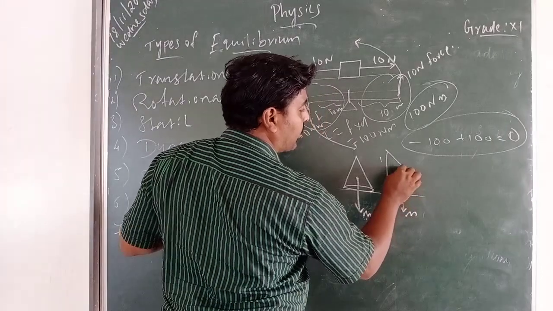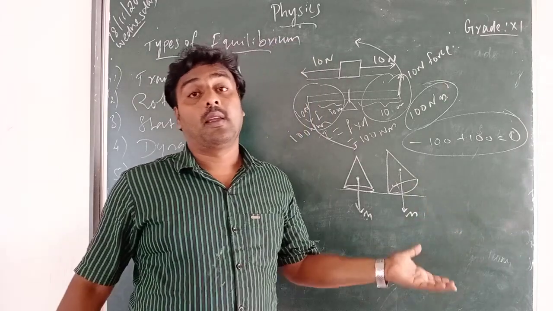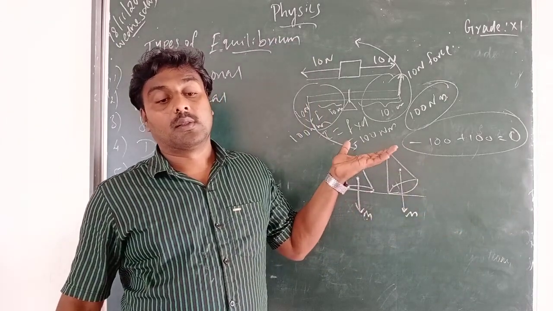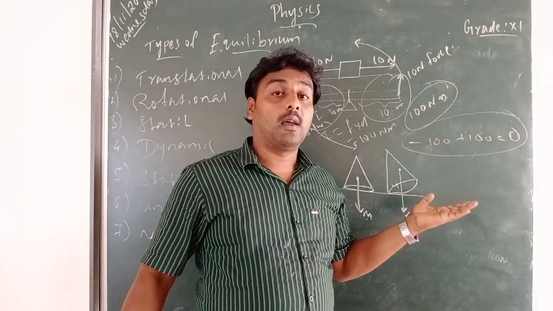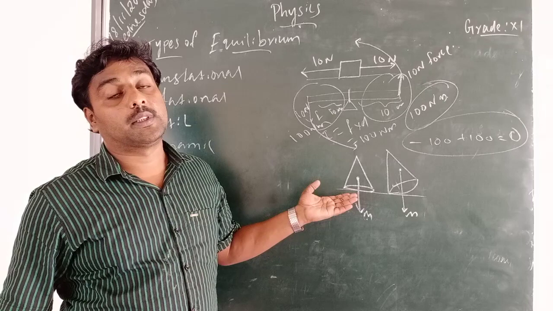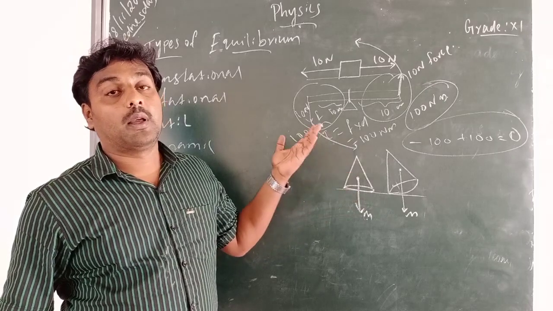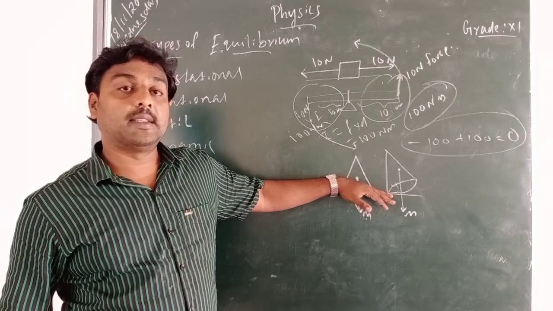Now what will happen to the center of mass? The center of mass is slightly higher if you disturb it from the original position. What happens to the potential energy?